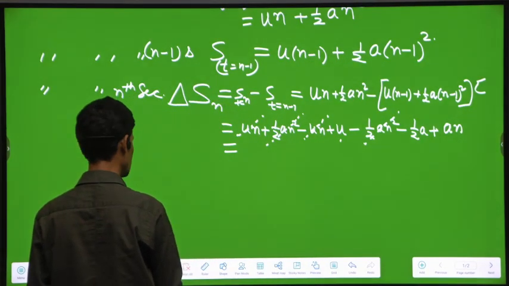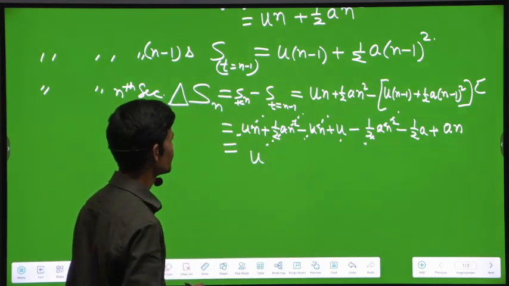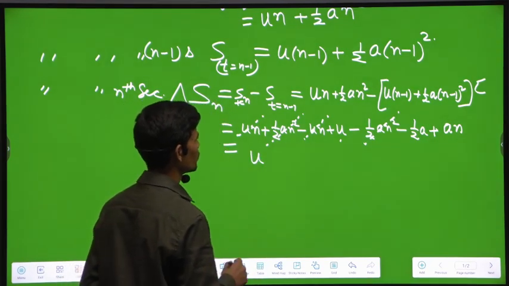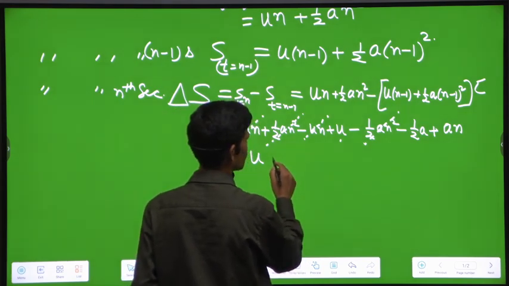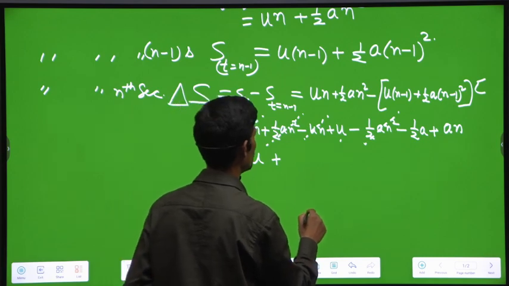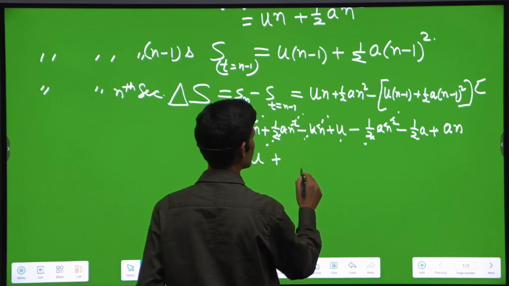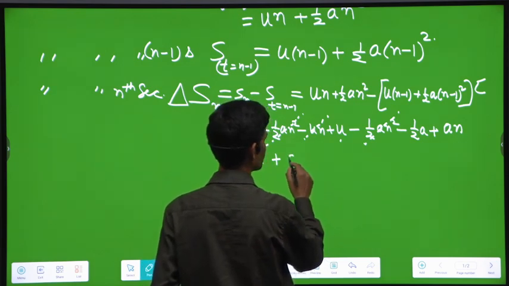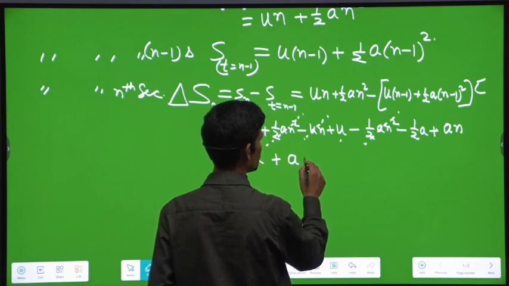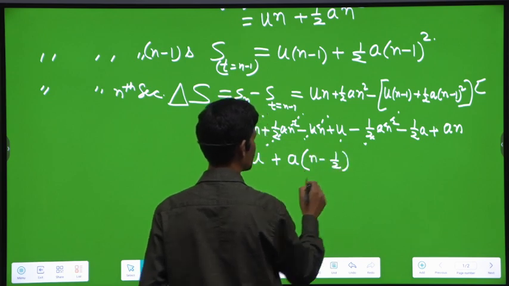So we now have u plus a, which will be taken as common, and there will be n minus half.